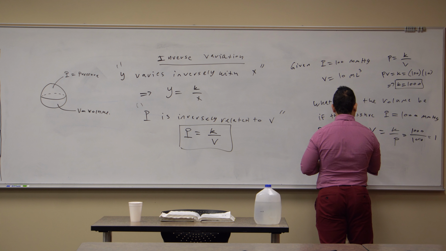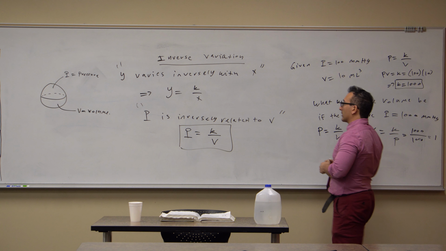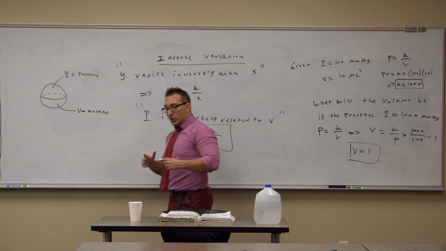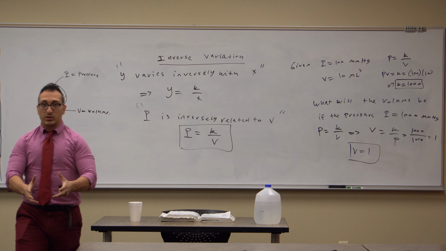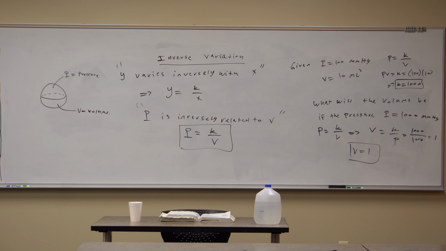The volume will equal 1, which means it'll shrink. The volume was 10, but then the volume became 1. So this is what happens when we squeeze the ball. If it was at 10 milliliters cubed, now it's at 1 milliliter cubed.